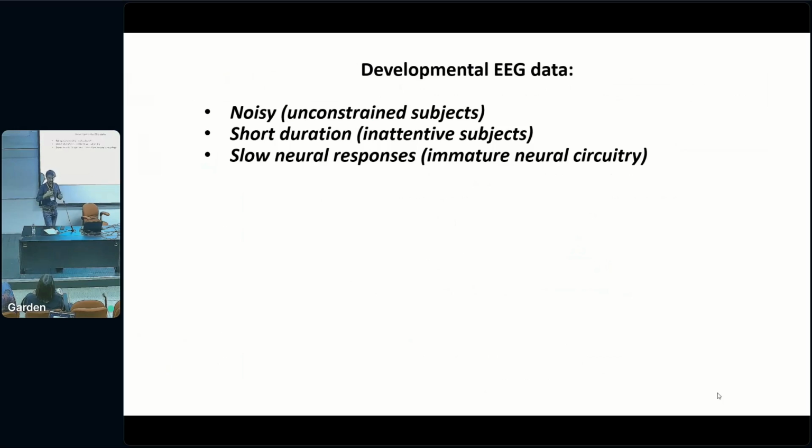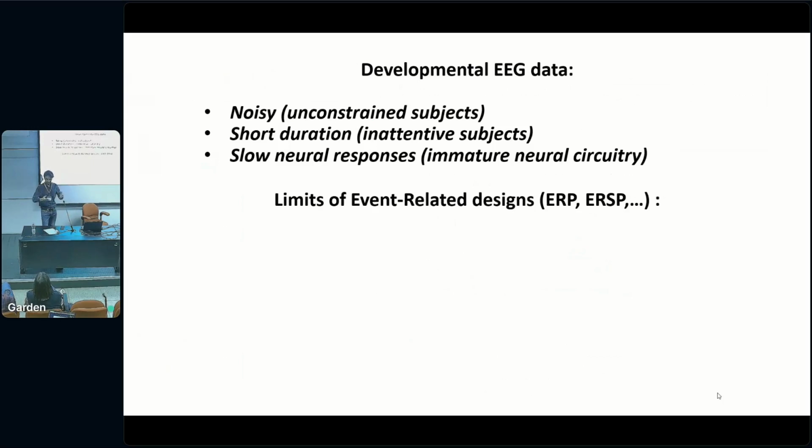So the overwhelming majority of the experimental design used with developmental EEG are event-related designs. So you present isolated stimuli in time, and then you average and you use your measures, be it event-related potentials or spectral perturbations, phase analysis, etc. And here you are assuming that you have your signal of interest and some noise.